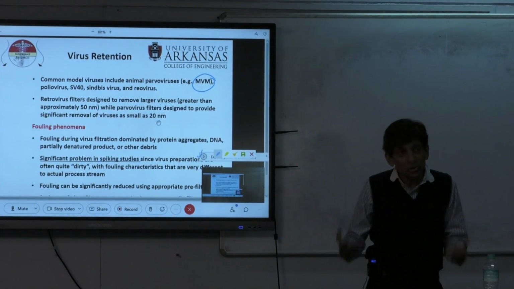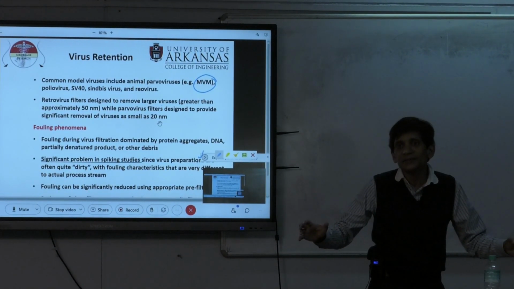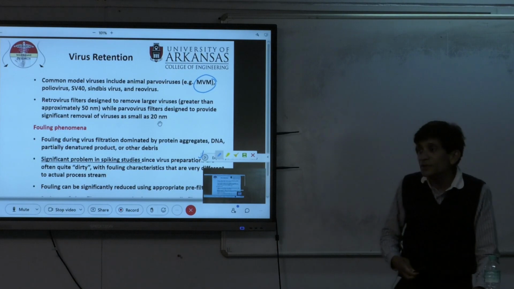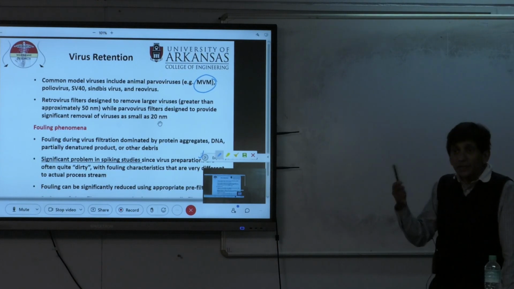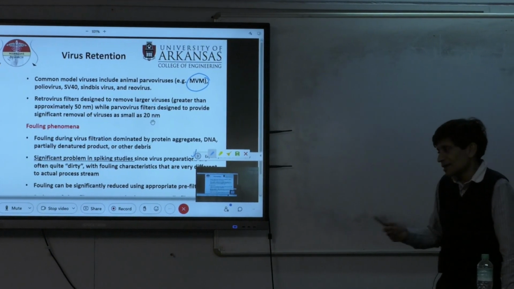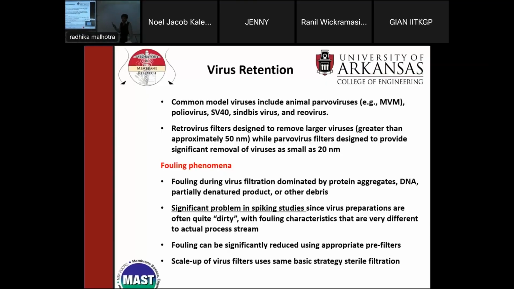And that is often more costly than simply leaving it the way it is, you see. So you will find retrovirus filters in use today in older facilities, okay? And until they are shut down, it will continue, okay? So that's an interesting thing about this area. But anyway, retrovirus filters remove larger viruses greater than 50 nanometers in size, while parvovirus filters remove these smaller ones.